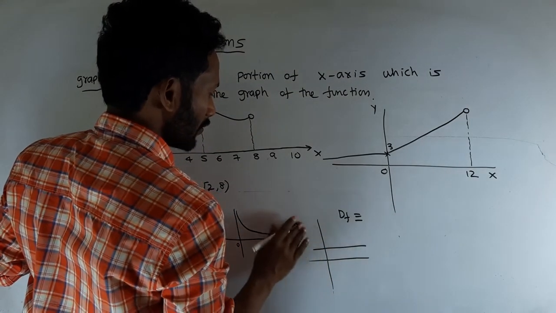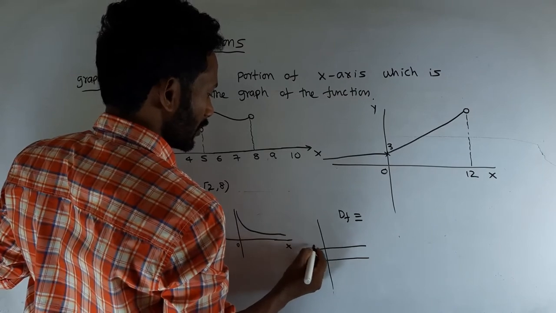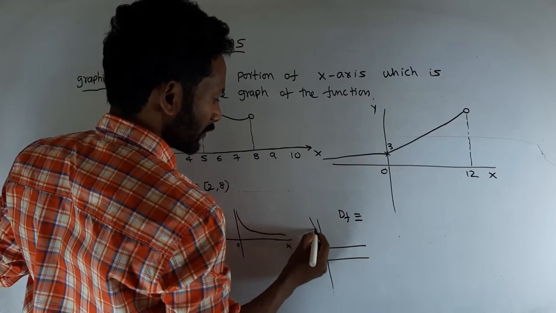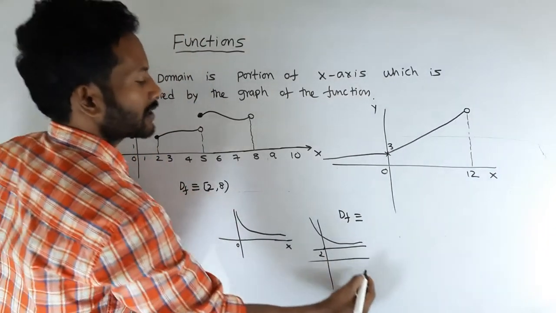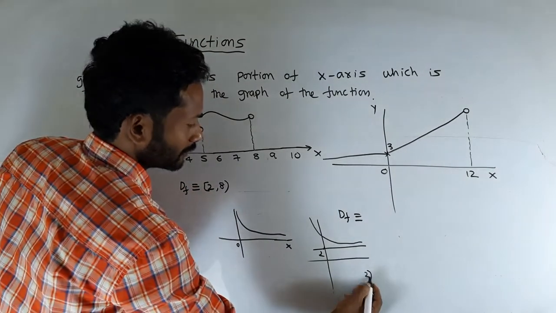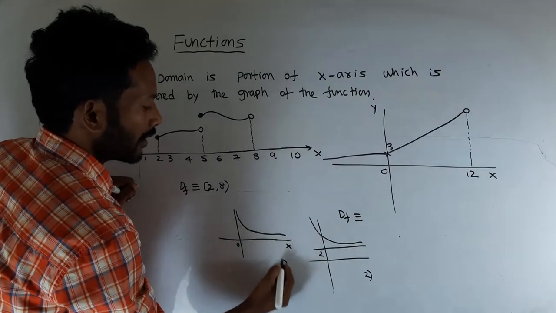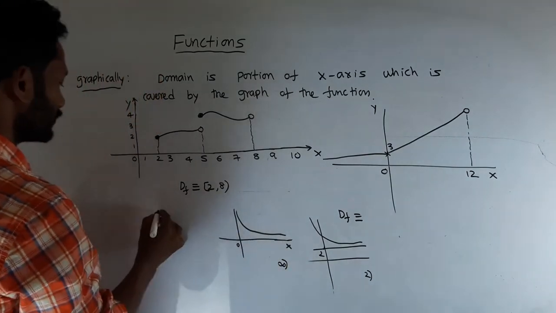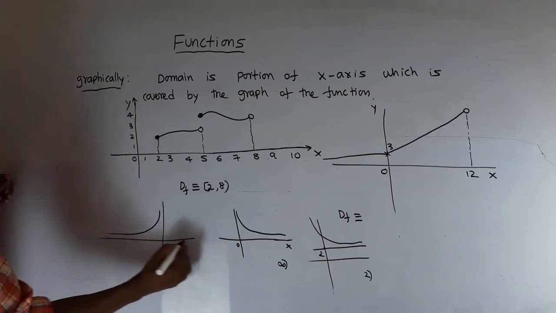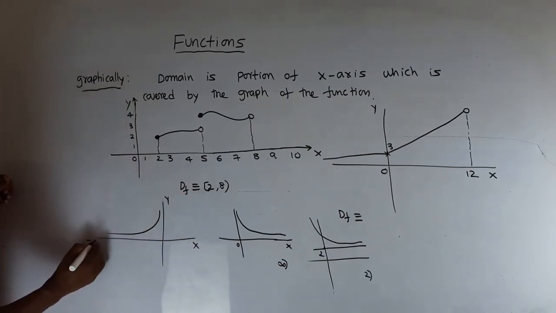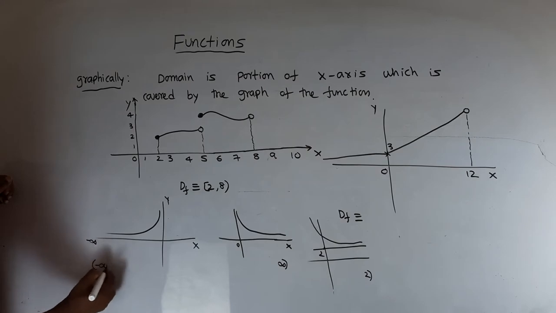Now this point is 2. This one approaches 2. So approaches 2 means this one open interval 2. This one open interval infinity. X-axis, y-axis. This one is open interval minus infinity.